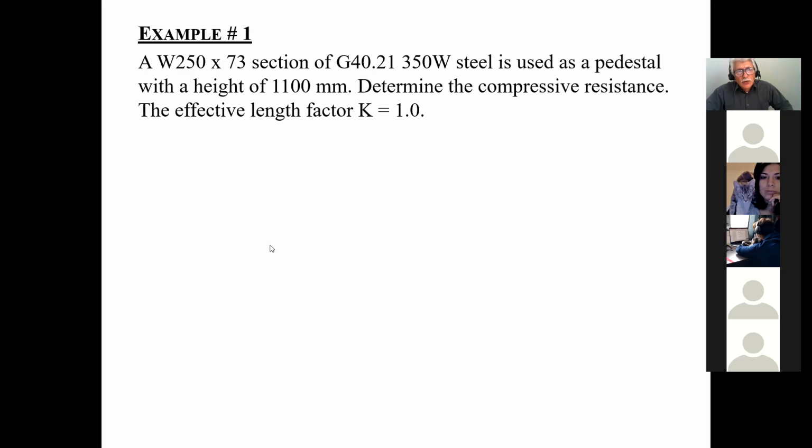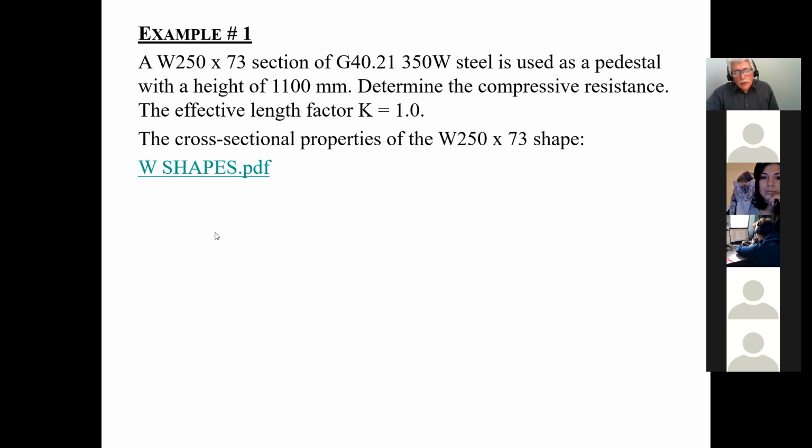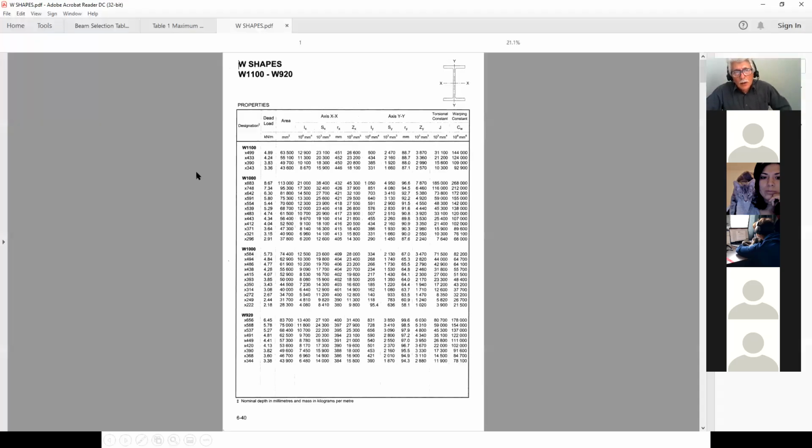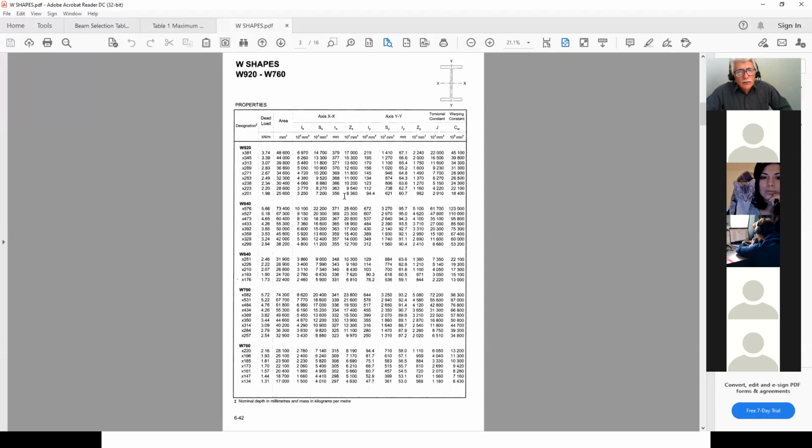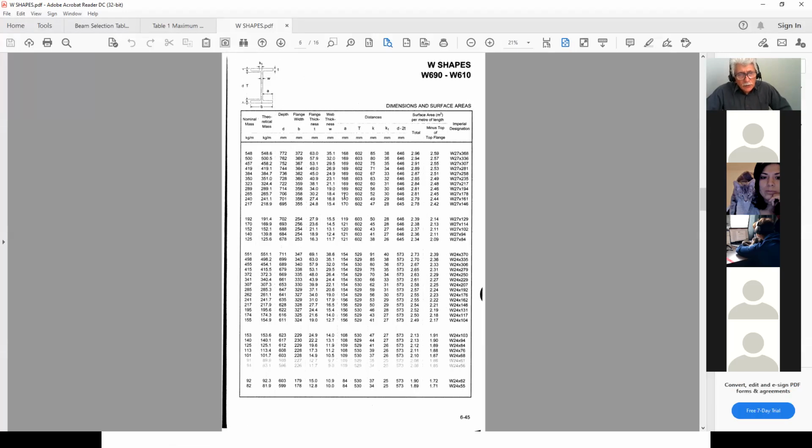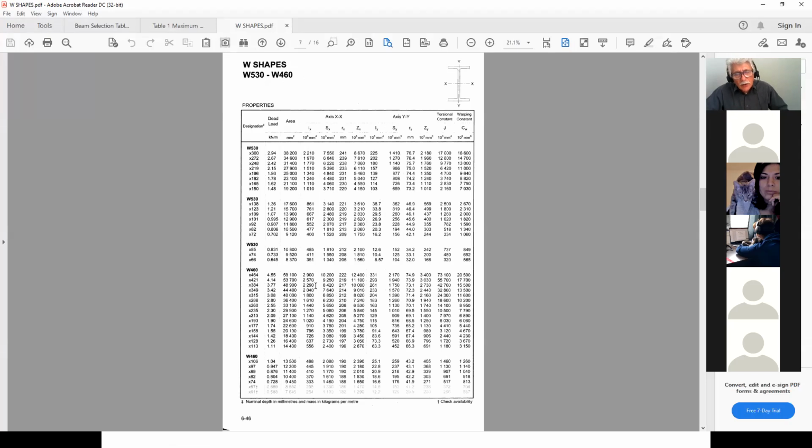Now what you need to do, of course, I think I sent this table. I believe this was in lecture number 2. You guys already have this table. So I have a W250 by 73. I'm just going to write it down, 250 by 73. I go to the table to make sure I meet the requirements of table number 1.